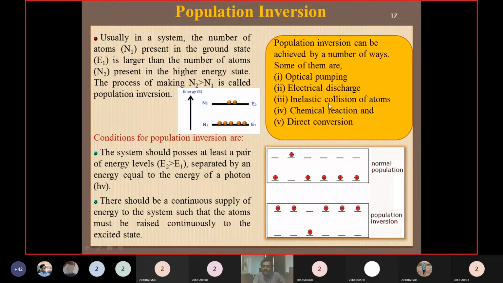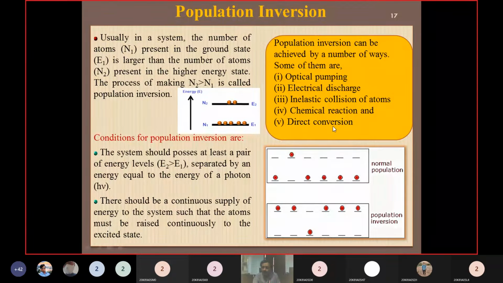Next, inelastic collision of atoms: in some gases, if you supply external energy, collisions between the atoms take place. That is one method. In chemical reactions, if you give some chemical energy, some atoms go to the excited state. And direct conversion.